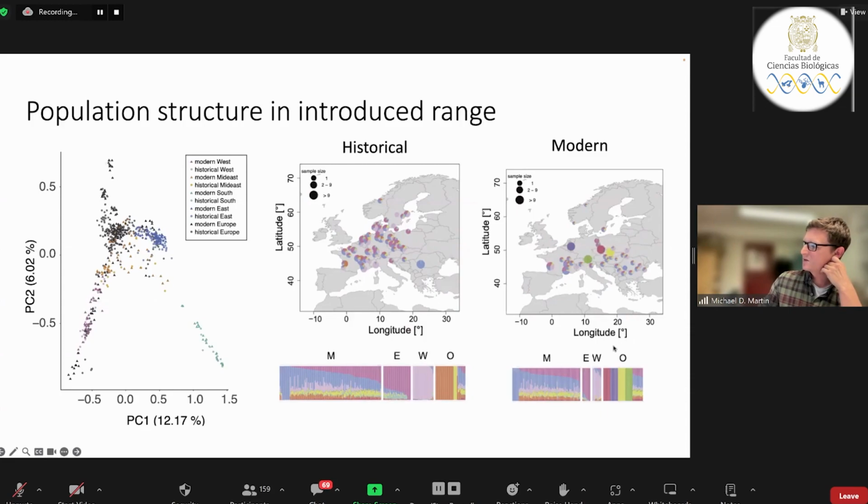When we divide up the populations according to their ancestry, we can choose how many different ancient populations are represented in mixtures in the introduced range. We saw that there were some populations that looked very different from anything from the native range and anything from the historical European range.